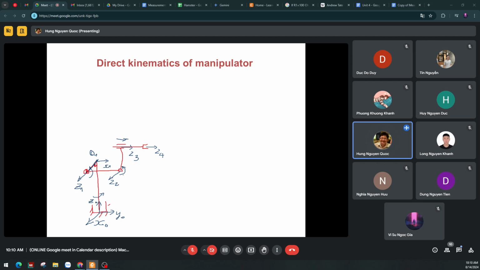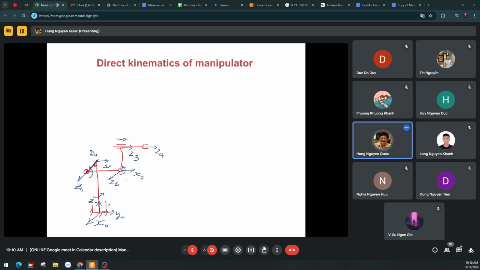Okay, X2 is perpendicular to Z1 and Z2. You can choose any point, but usually you choose this point. Because they are parallel, you can choose any position along the direction.